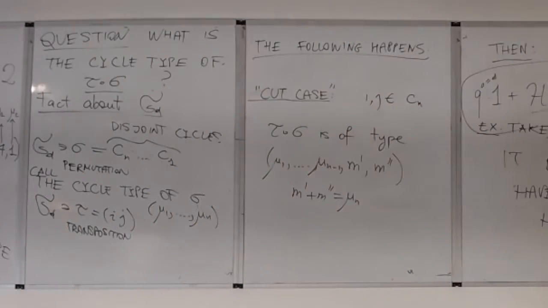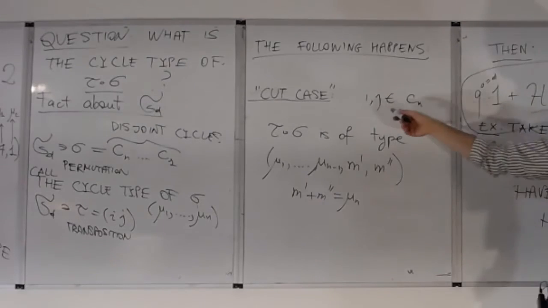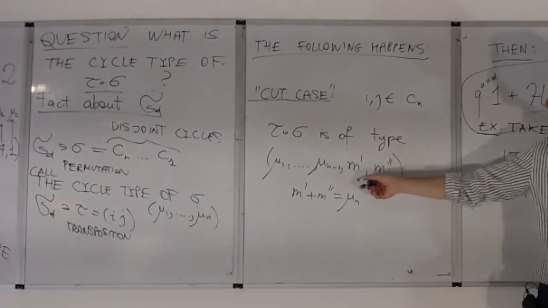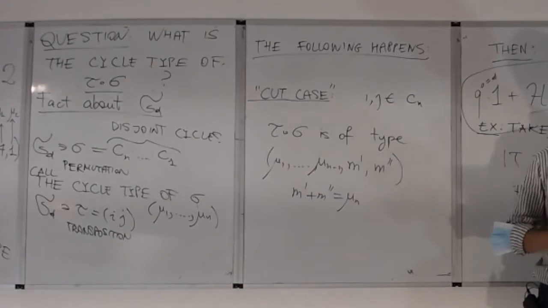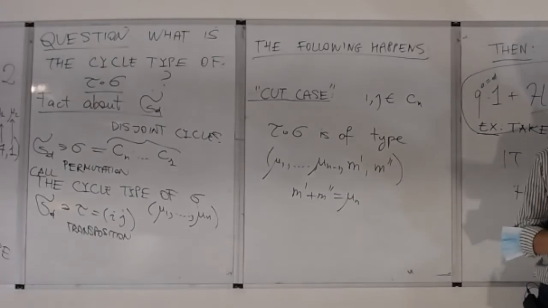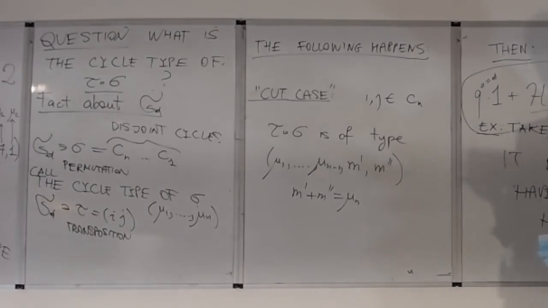This can happen in a certain number of ways, depending on the parity of mu_n, whatever. It has a coefficient, as it can happen in several different ways. So if they are in the same cycle, then the cycle splits. We can make an example of this.